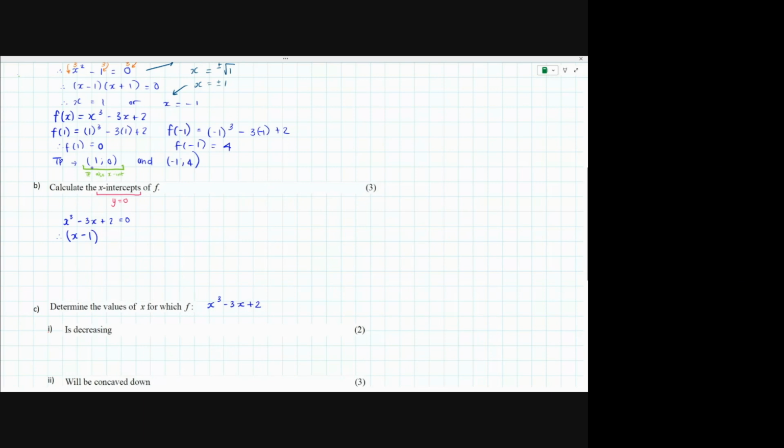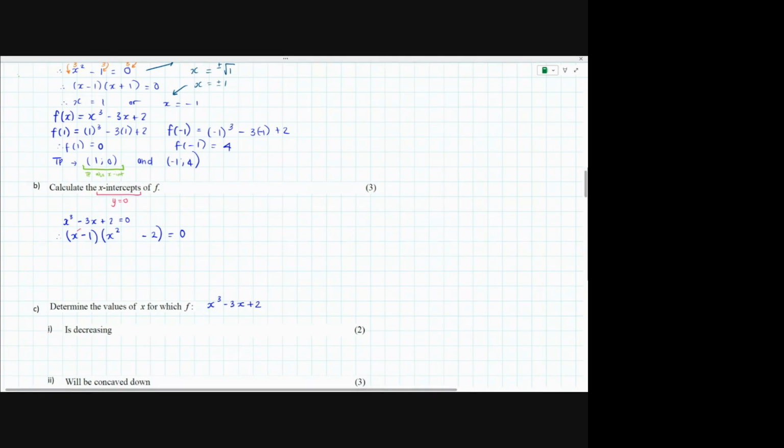So x minus 1 we already know is a solution because we know it's an x-intercept. And so all we need to do now is get our trinomial. So x times what gives me x cubed? X times x squared. Negative 1 times what gives me positive 2? Well, times negative 2. And then we don't have any x squared terms, which is a bit iffy.